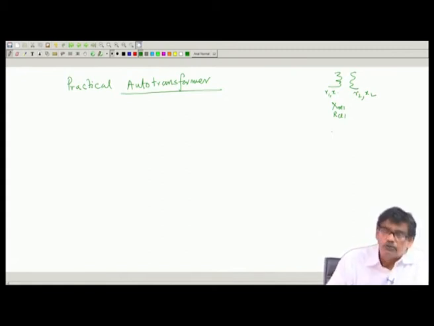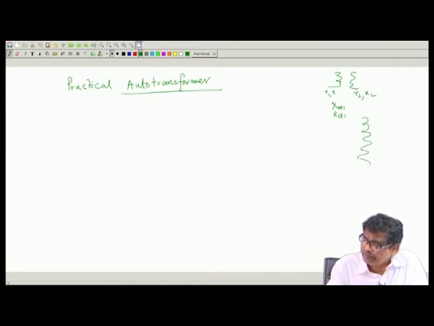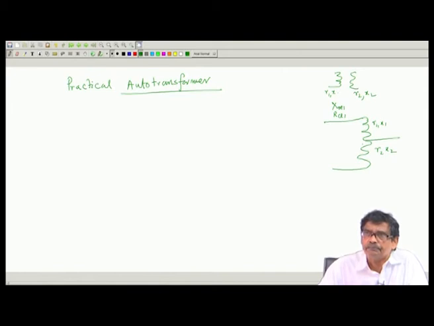Similarly, in the auto transformer, since there is a core and a time varying field, there will be core losses, and this is the auto transformer where a fixed tapping is taken. This portion of the winding will have R 1 X 1, this portion of the winding will have R 2 X 2 and so on. Similarly, the magnetizing branch and no load current.